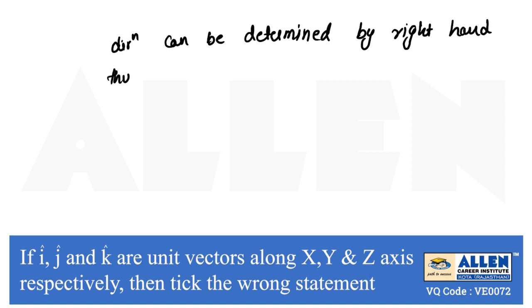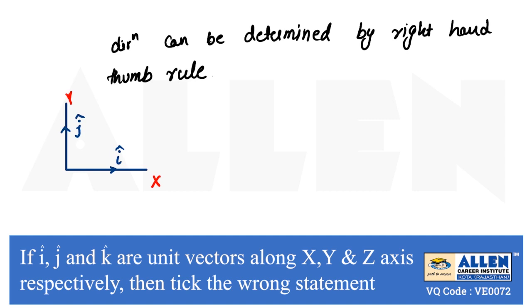So for finding the direction of the resultant of i cross j, we will use the right hand thumb rule. First we see i cap is along the x-axis and j cap is along the y-axis. So suppose this is the x-axis and this one is the y-axis. Along this we have i cap and along this we will have j cap. So we can represent it here. This is i cap and this will be j cap.